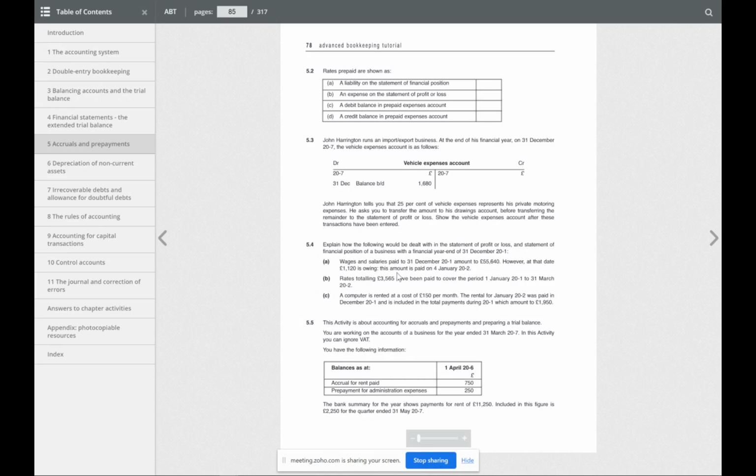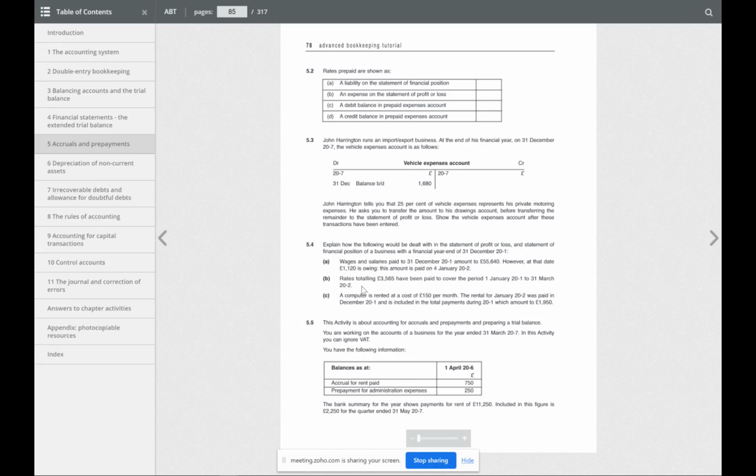And the statement of financial position will show 1,120 as a liability. We understand the answer. In the statement of profit or loss, we should show 56,760, and in the financial position, we should show 1,120 as a liability.